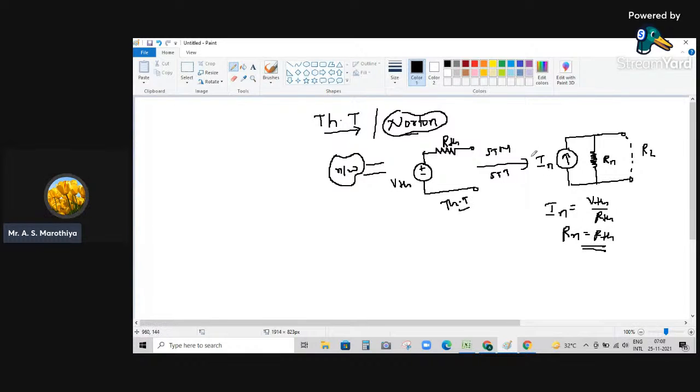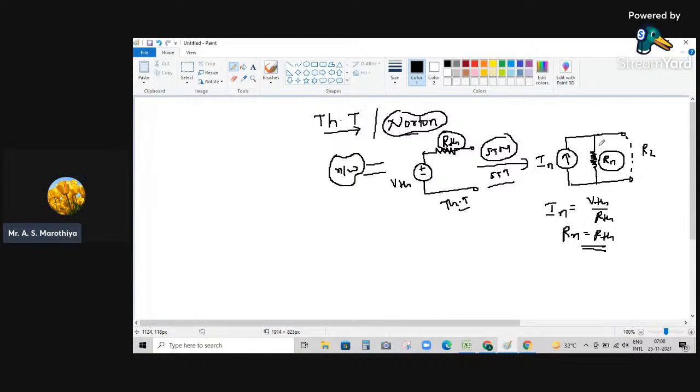Because we have applied the source transformation technique, and I told you that while applying it, the internal resistance of the source will remain the same. So previously we had RTH, so the same RTH is supposed to be connected over here.